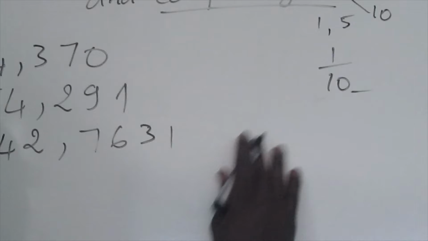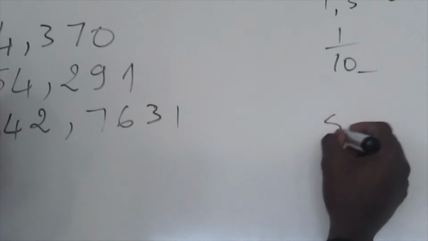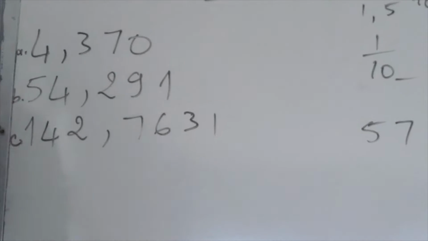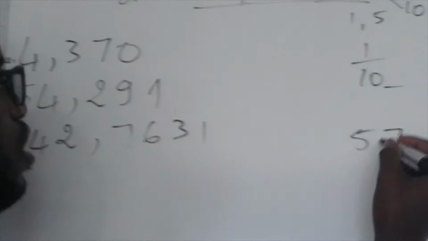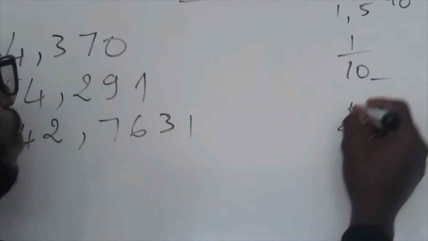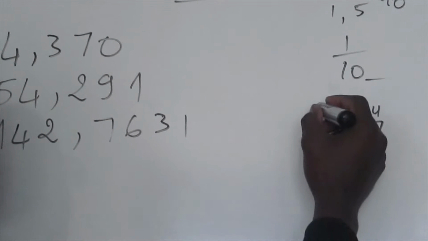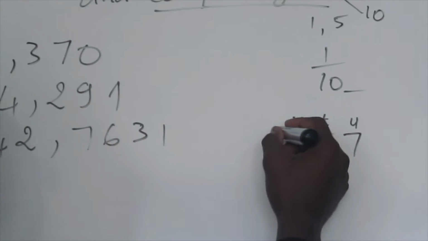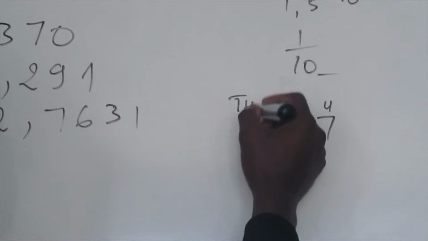For a reminder, I can remind you how we place value the whole number. For example, if we have 2,157, we have units or ones and tens. If we have another digit here, it is 100. If we have another digit here, it is 1,000.